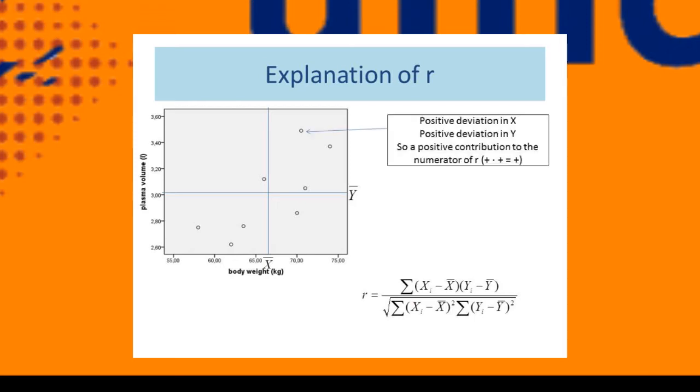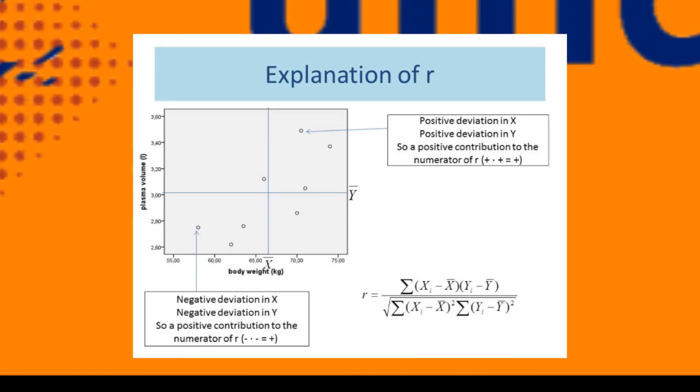If we look at this individual with relatively high body weight and relatively high plasma volume, we see a positive deviation of the x variable, meaning higher than average, and a positive deviation of the y variable. This individual will give a positive contribution to the numerator, because positive times positive is positive.